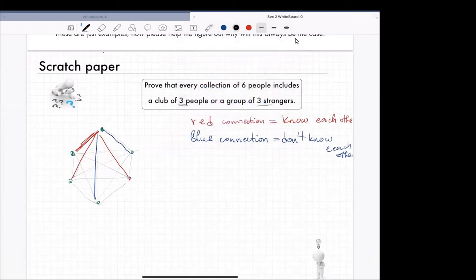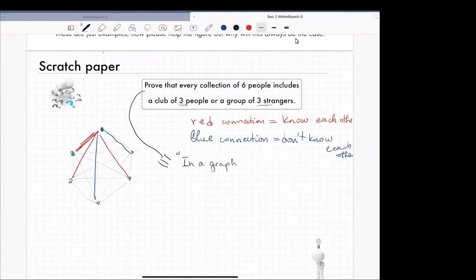So this is equivalent in a graph like this, in a structure like this. I guess we can call it a graph. And by like this, I mean a graph on 6 points where each connection is either red or blue. Let me be more specific here.